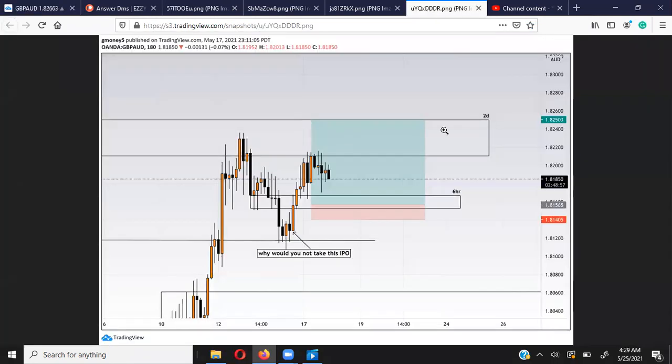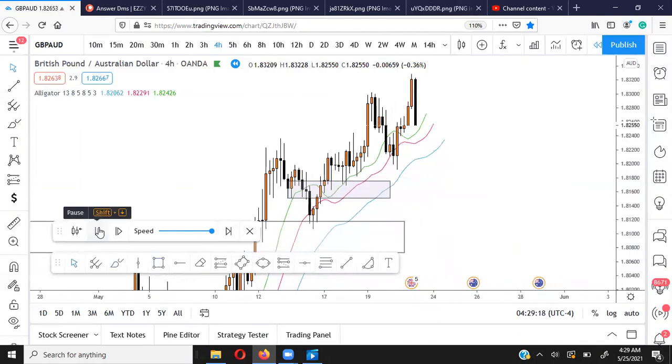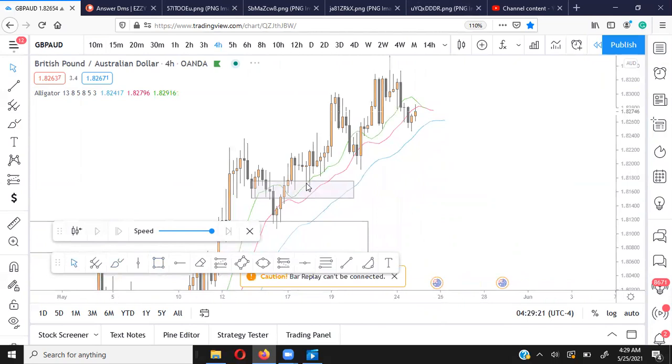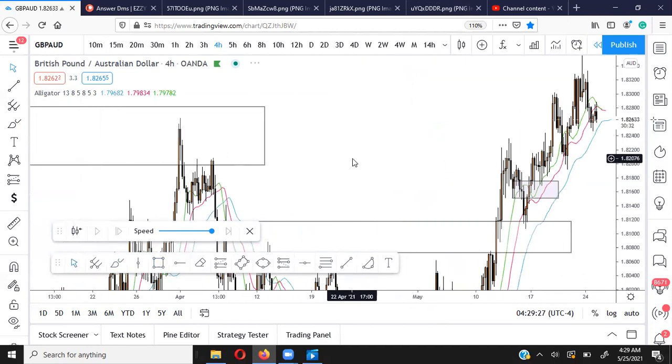It even broke that zone, so you could even take this zone as a retest area. Let's see if it continues to the upside. Yep, there you go. It would have been a retest opportunity on the previous zone above here. That's probably around that area.